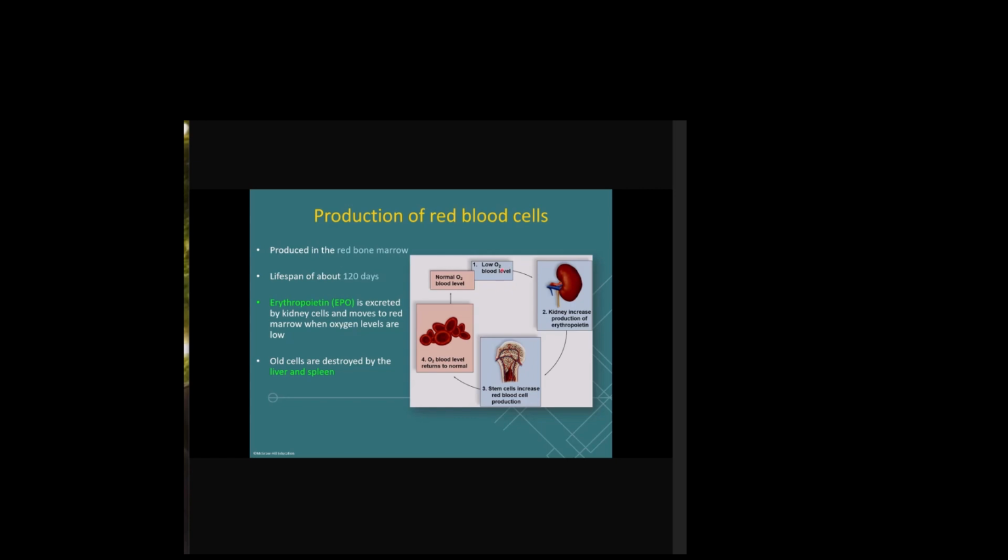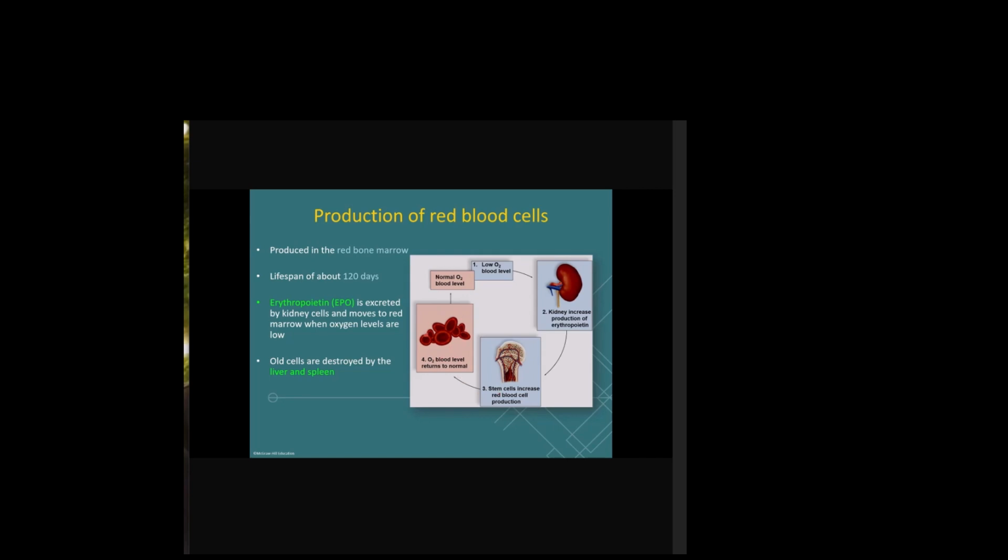So if the oxygen level in the blood is low, those systems would inform the kidneys. The kidneys will produce this compound here called erythropoietin. This goes to the red bone marrow stem cells and stimulates them to produce those erythroblasts that will eventually divide and grow to become more red blood cells.